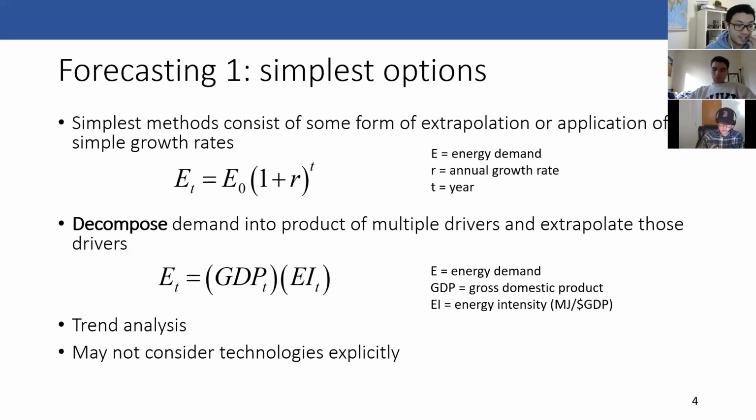This is the type of thing that you might see for annual GDP growth or annual population growth, or in this case, annual growth in energy demand, right? And so this really is a top-down approach, because we are not really talking about any specific factors that are increasing energy demand.